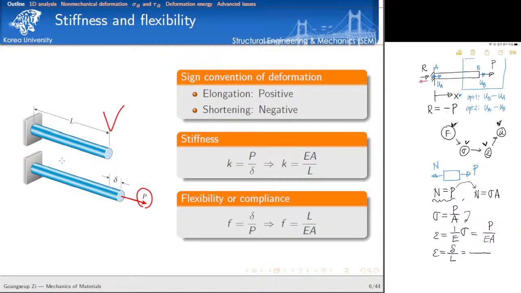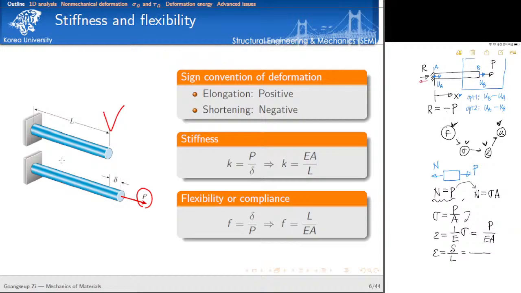So I'm calculating the elongation. I'm waiting. Which one is correct?